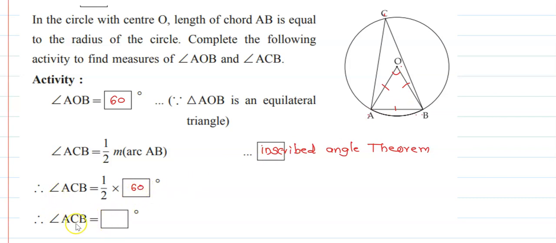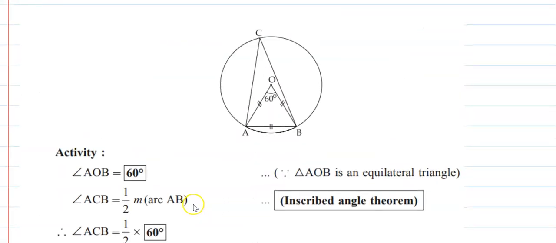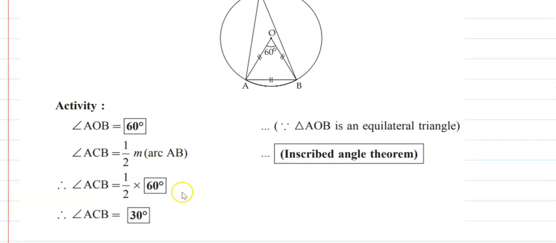And therefore, measure of angle ACB is equal to 30 degrees. And in this way, we have completed this activity. The first is 60 degrees. Next is inscribed angle theorem, 60 and 30. Okay. Now the next.